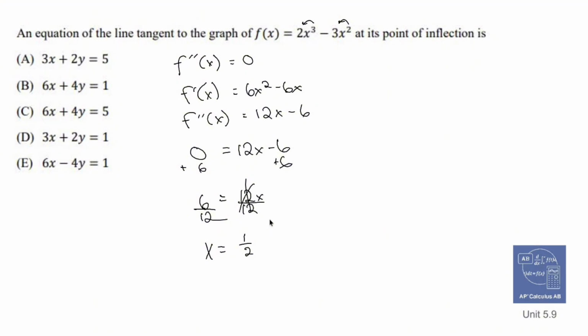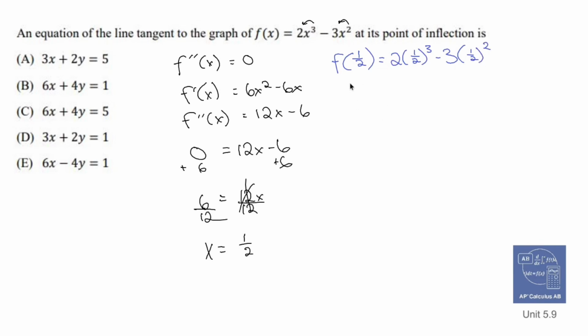Now, in order to come up with an equation of a line, I need a point and a slope. I have half a point. To find the other half, I take that 1/2 and plug it into the original function, which gives me the y value. So f of 1/2 is 2 times 1/2 to the third minus 3 times 1/2 squared.